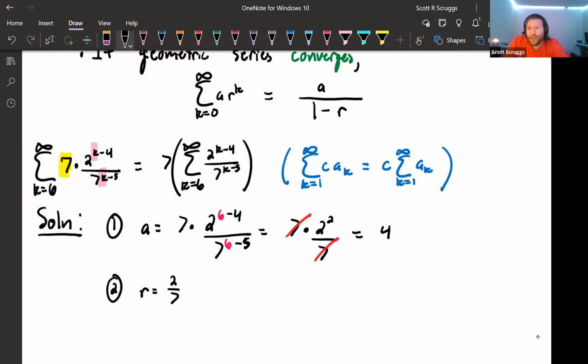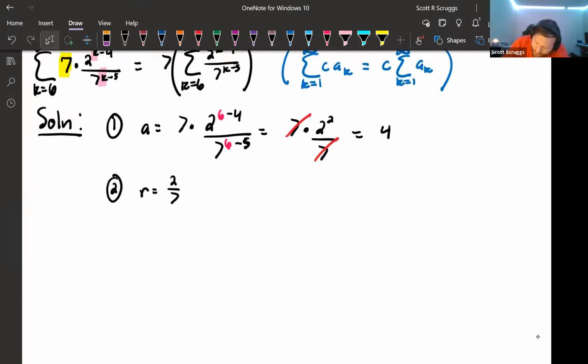So my common ratio here is going to be 2/7. Meaning, if I took the absolute value, I'll just get 2/7 again, and that better be less than 1.